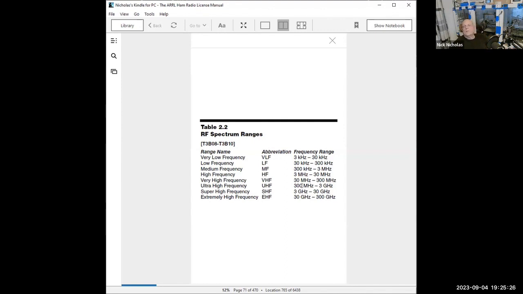Well, it's going to be in the 50 megahertz band, and that band, by the chart that I showed you, goes from 50.0 to 54 megahertz. That is VHF, because it is higher than 30 megahertz, but lower than 300.